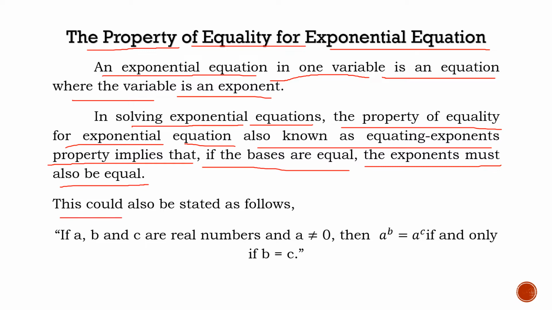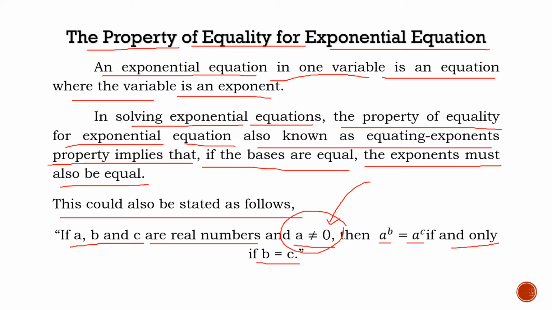This could also be stated as follows. If A, B, and C are real numbers, A is not equal to 0, you need to consider and satisfy this condition: A raised to B is equal to A raised to C if and only if B is equal to C. We can assume that your exponent 1 is equal to exponent 2, which are B and C here, if and only if your base 1 here is equal to your base 2 here.